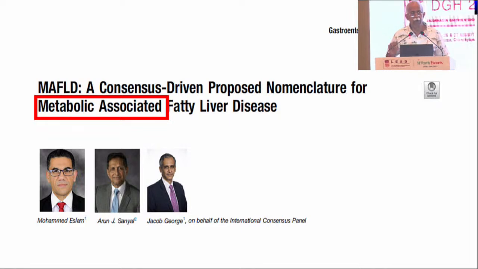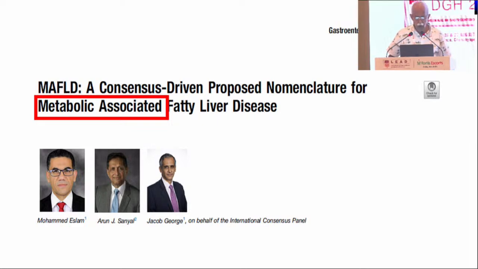A paper was published in Gastroenterology, a consensus-driven proposed nomenclature for metabolic associated fatty liver disease. People who understand English would know that you don't have metabolic associated fatty liver disease. You can have metabolism associated, or you can have metabolic fatty liver disease. They realized it, and then they changed it, dysmetabolism or metabolism, whatever.